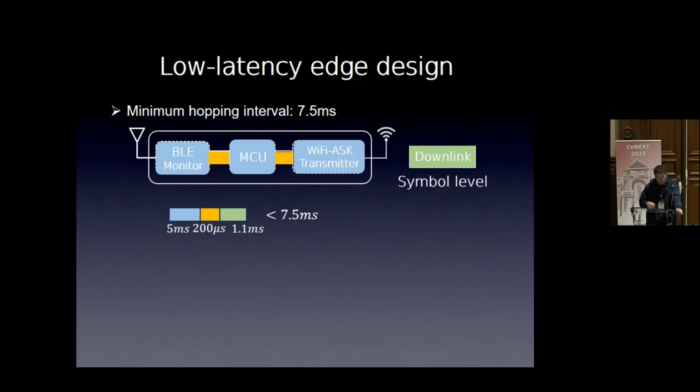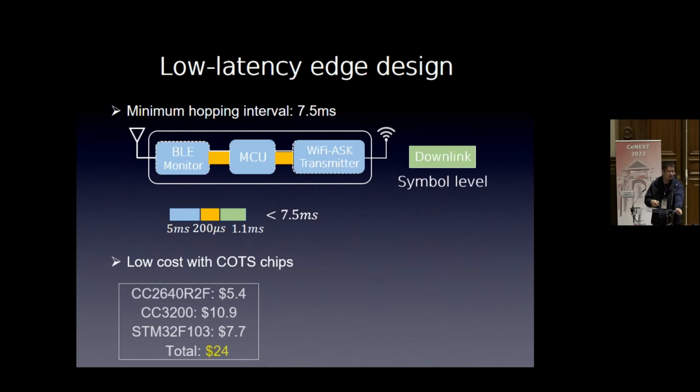To reduce the forward delay on the edge, we adopt high-speed SPI interfaces and UARTs between chips, and the downlink packet encodes data at symbol level instead of packet level. So the total delay is less than 7 milliseconds, which is smaller than the minimum hopping interval in BLE.